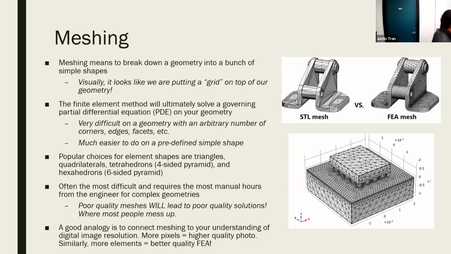The reason for this is that eventually the computer is going to be solving some very complicated differential equations on this geometry. And when you do it on something with a bunch of arbitrary curves and edges, it can be difficult. So by putting a mesh, you're breaking up your geometry into a bunch of known shapes with a known amount of faces and a known amount of edges. Okay.